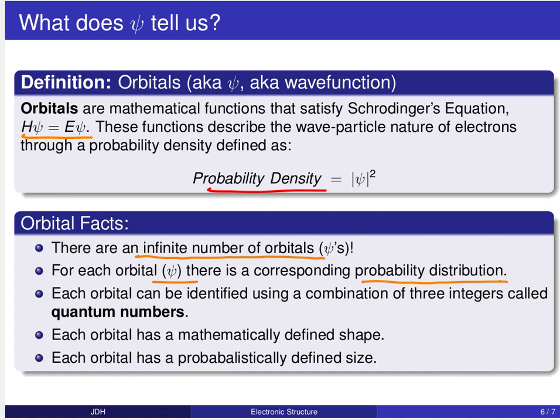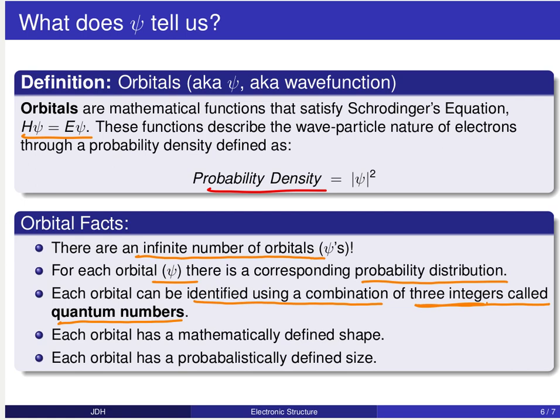Each one of these orbital descriptions can be identified using a combination of three integers that we call quantum numbers. If we're focusing on atoms, and we're going to focus on hydrogen first, we can identify each one of these descriptions, psi, using just three numbers. Once you have that three-number identifier, you have a well-defined orbital.